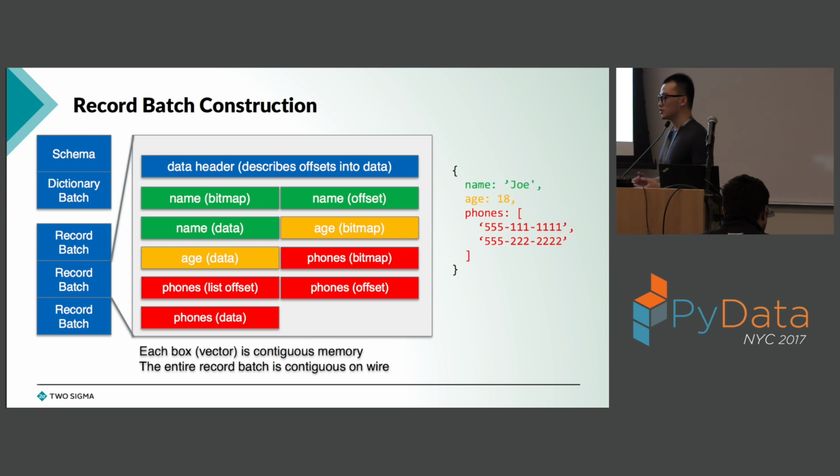And each record batch is just contiguous memory. It always comes with a data header, so you can jump into the specific columns you want very, very fast.